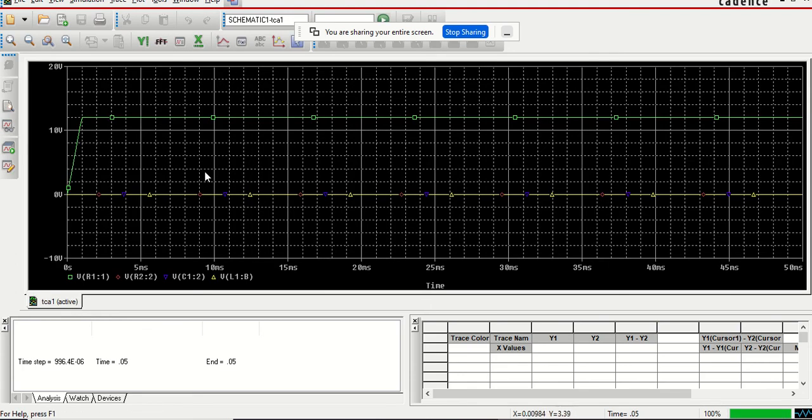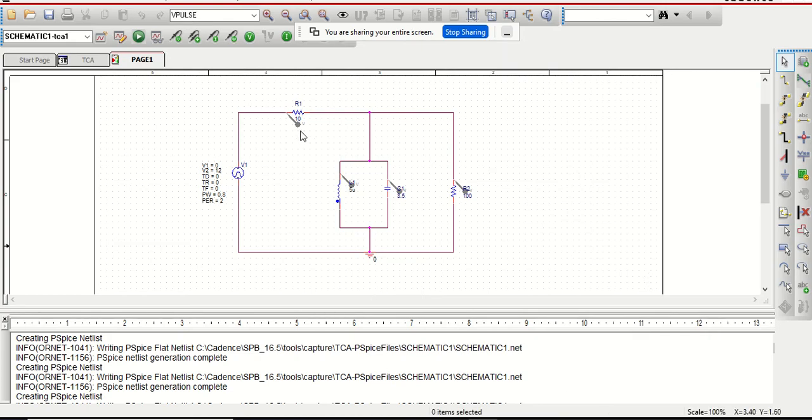This is the comparison for all voltage drop at R1, R2, C1 and L1. It shows that the voltage drop at R1 is 12 volt, and at capacitor 1, inductor 1 and resistor 2 the value is almost zero. The value of voltage is very low. Then I will show you the result for current.